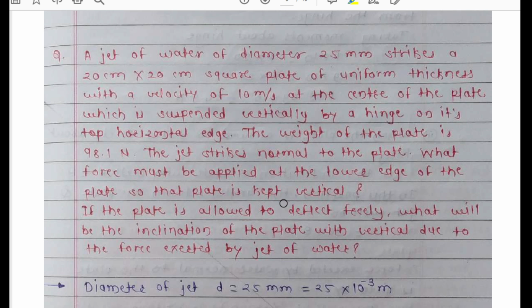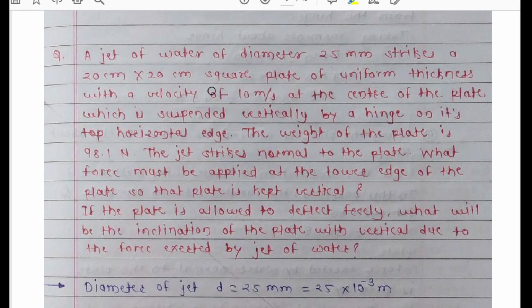Okay, first thing is, they have given the diameter of the jet of water and the square plate dimensions, that means height, width, etc. And they say that the plate is of uniform thickness.